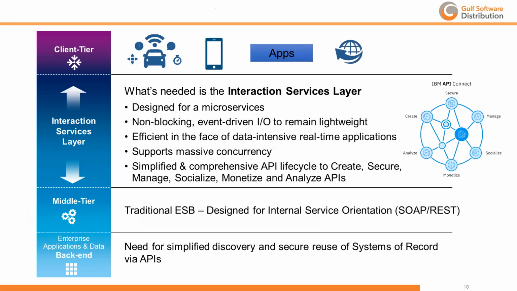There are multiple names given to the middleware or the traditional ESB, like service-oriented architecture layer or enterprise service bus or what may be. So the API layer basically sits on top of the middleware layer, and it acts as a layer which enables microservices architecture, which is meant to be lightweight and which supports massive concurrency.